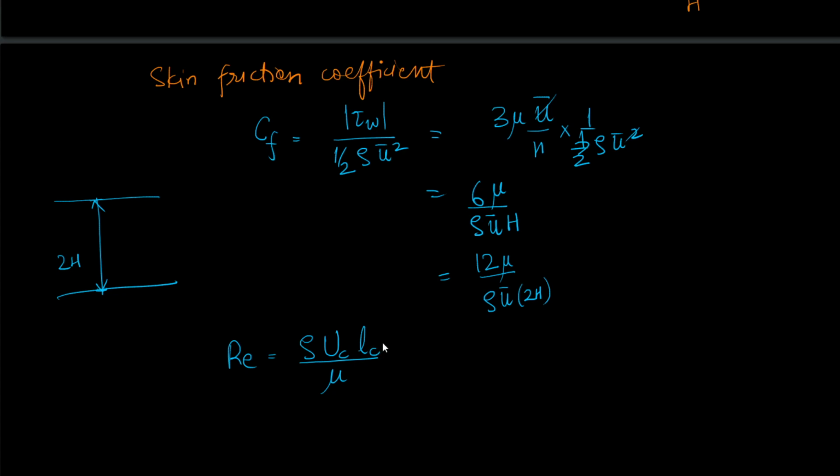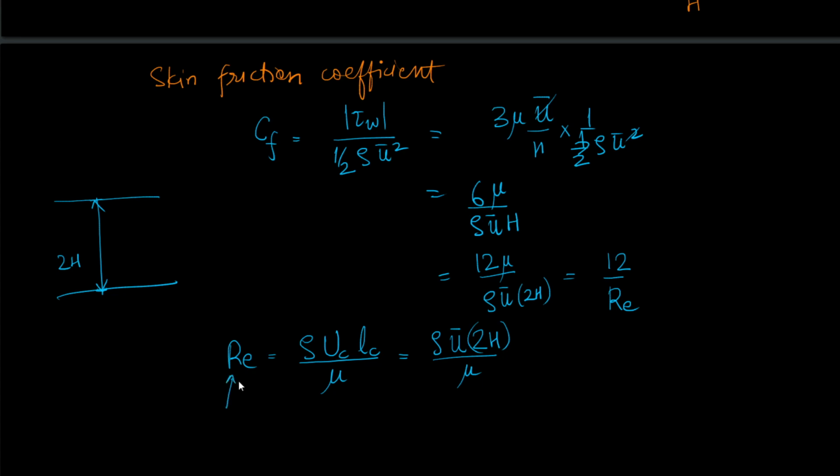It is sort of a measure of how viscous the flow is. So it is defined as rho U_c L_c upon mu. The characteristic velocity is going to be the average velocity, the characteristic length between the two parallel plates is going to be 2h, and the viscosity is mu. If we substitute this, this comes out to be 12 upon the Reynolds number.